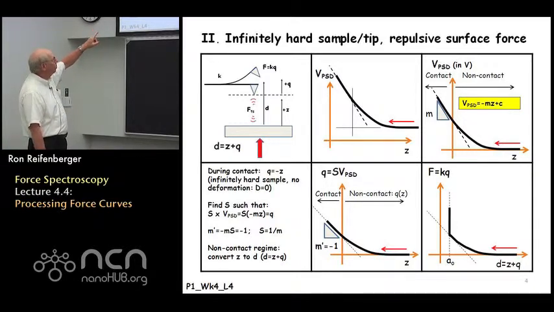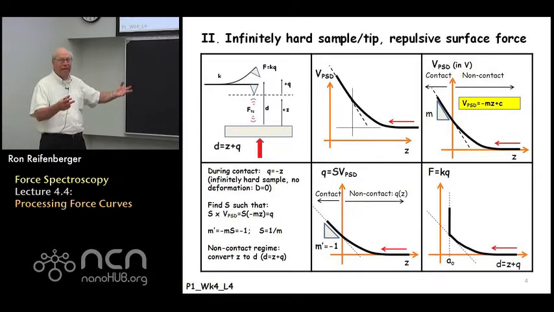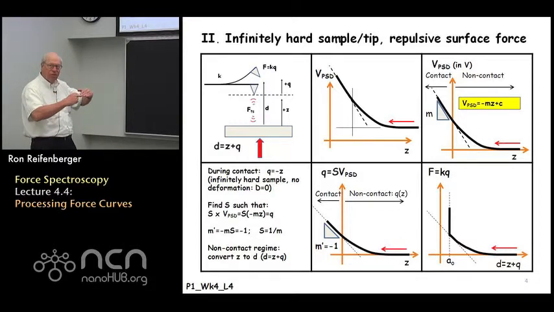When you multiply the voltage by S, then you'll find that when you're in the contact region of the force versus displacement curve, the slope of Q versus Z is -1, which basically means Q is equal to Z. And again, that's an indication that the tip is not indenting into the sample. As you displace Z, Q changes appropriately, right?